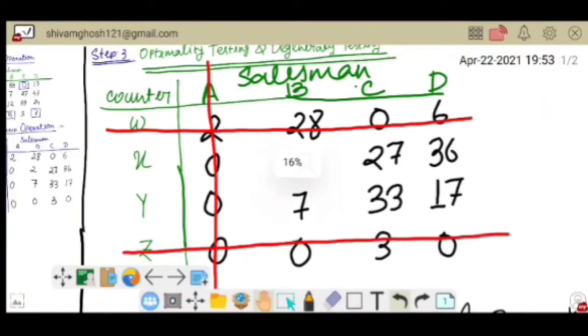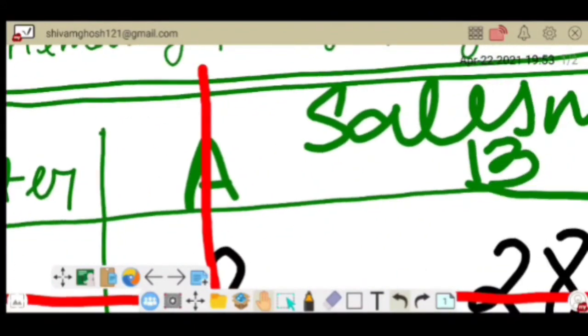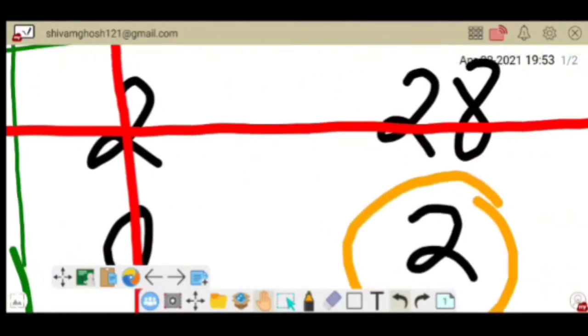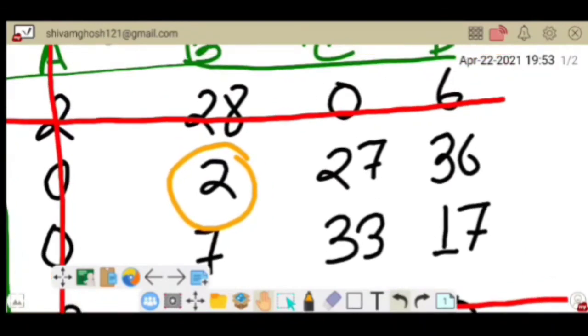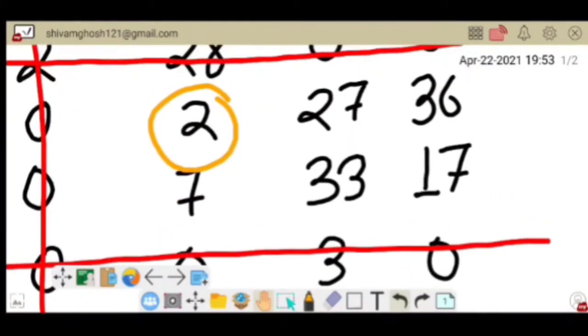That is 2. 2 is the minimum element on which no line has been drawn, and we have to subtract 2 from the other elements like 27, 36, 7, 33 and 17 on which no line is drawn. In these elements no line has been crossed, so it is our duty now to deduct 2 from the other non-line-drawn elements.